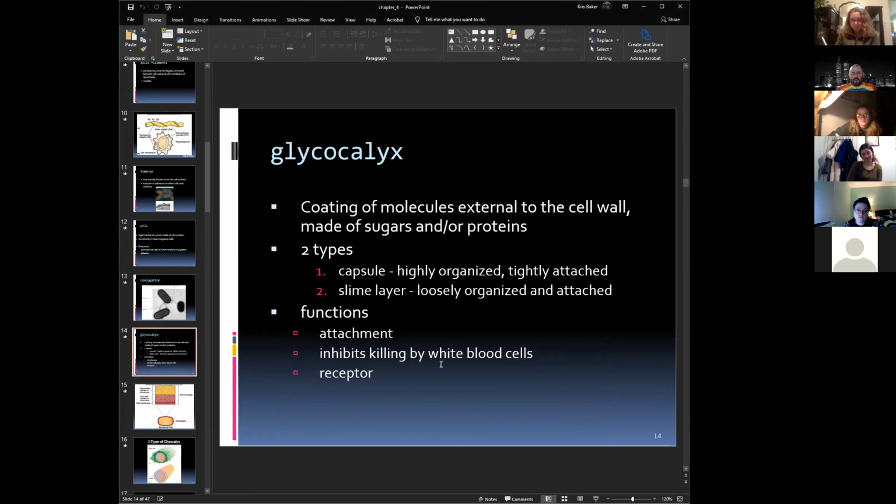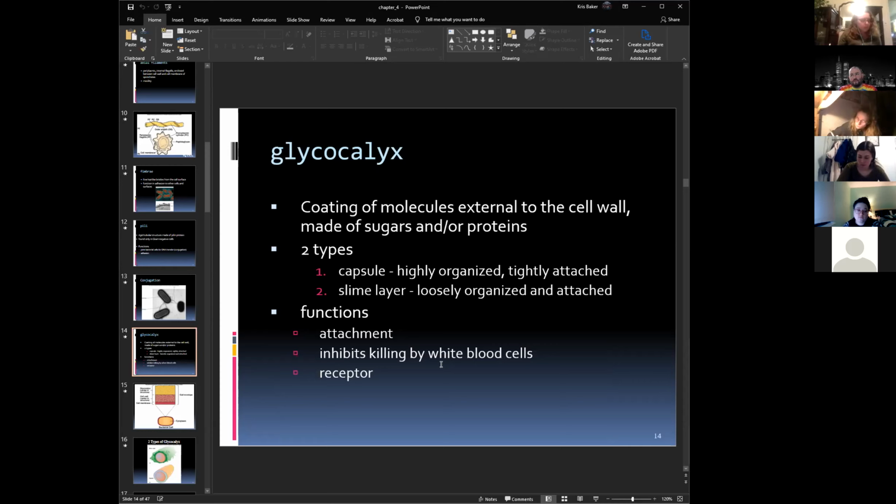Fortunately, the glycocalyx can be a lot less heinous, a lot less nasty, and a lot less terrible, depending upon how we talk about it. So what we're really referring to when we talk about glycocalyx are capsules or slime layers, or in general terms, molecules, typically carbohydrates, exterior to the cell wall, that some organisms have the ability to produce.